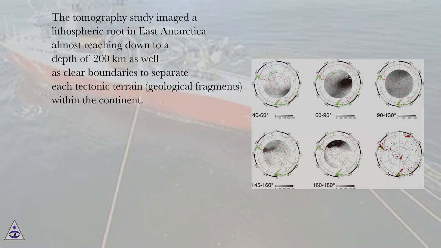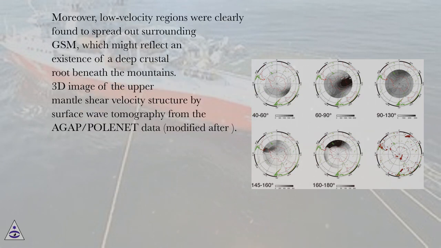The tomography study imaged a lithospheric root in East Antarctica almost reaching down to a depth of 200 km, as well as clear boundaries to separate each tectonic terrain, geological fragments, within the continent. Moreover, low-velocity regions were clearly found to spread out surrounding GSM, which might reflect an existence of a deep crustal root beneath the mountains.